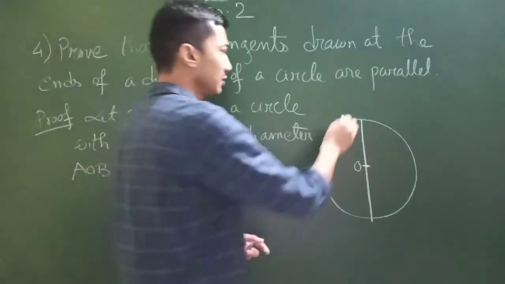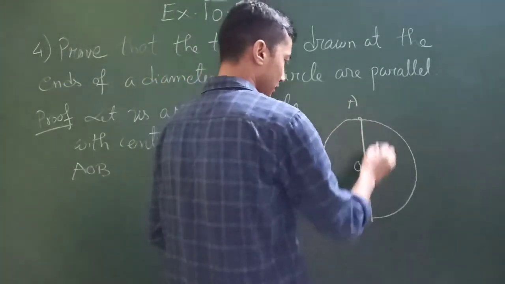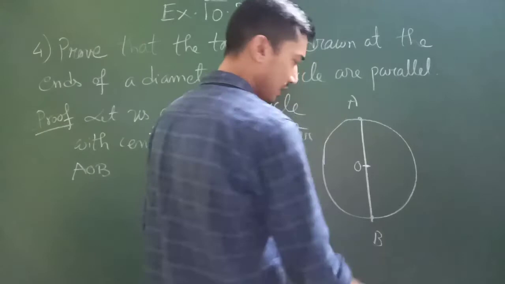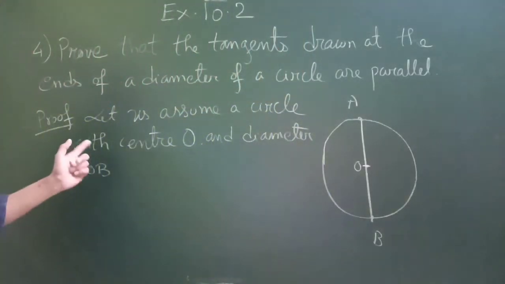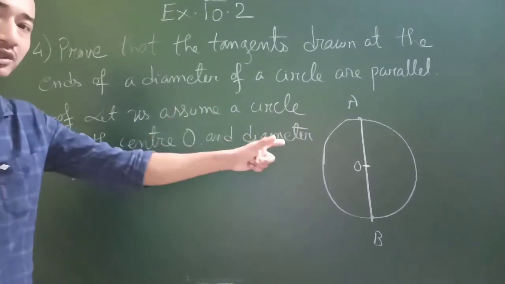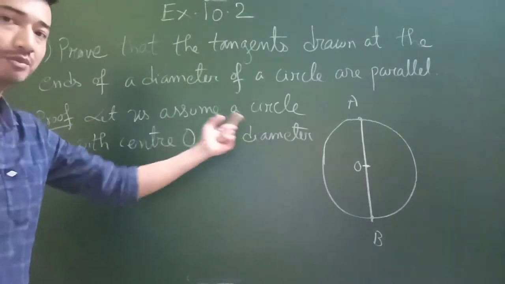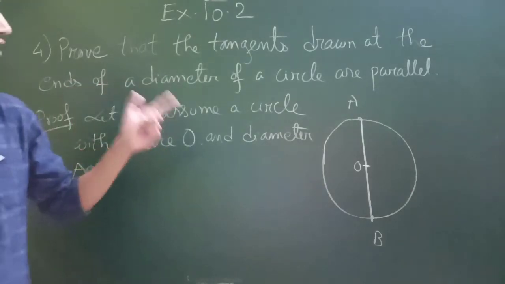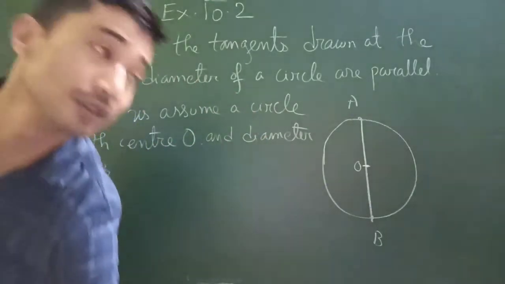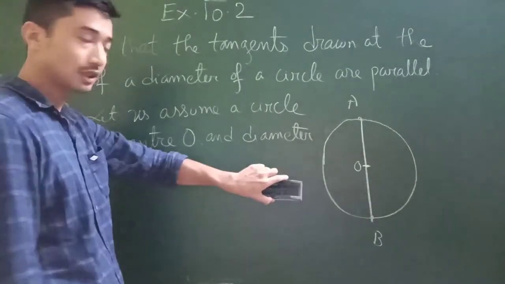So let's name the diameter A, O, B. Done? Now, what they're asking is, I hope you've written it down because I have to draw the figure, so I'll have to rub this part off. Prove that the tangents drawn at the ends of a diameter of a circle are parallel. Done? I'm rubbing it off.